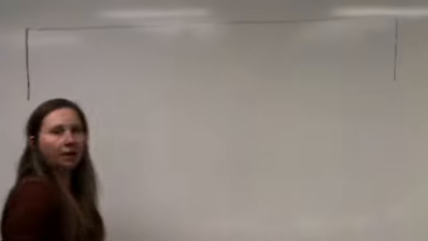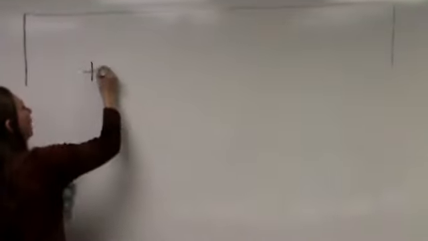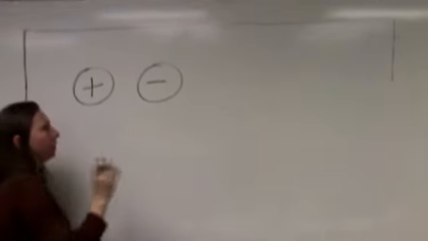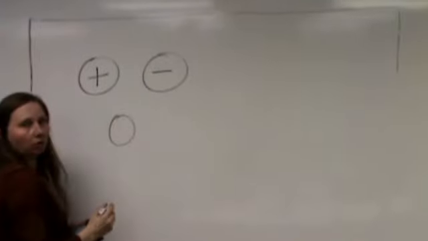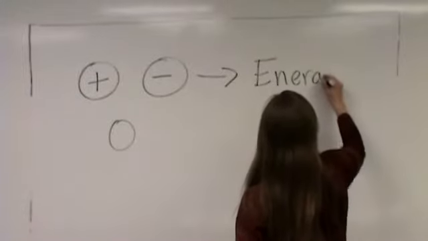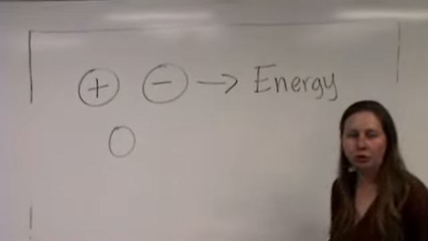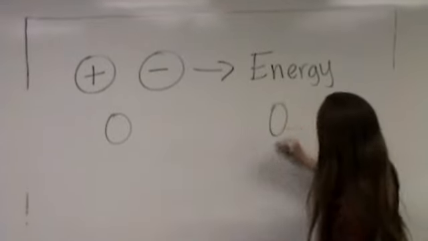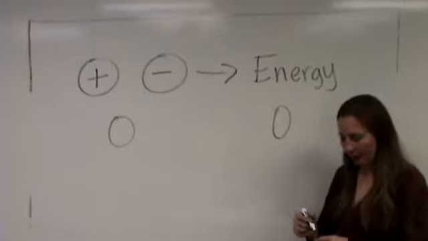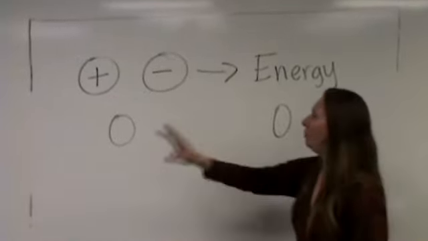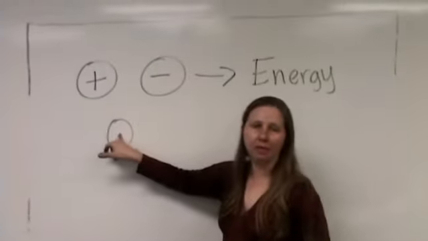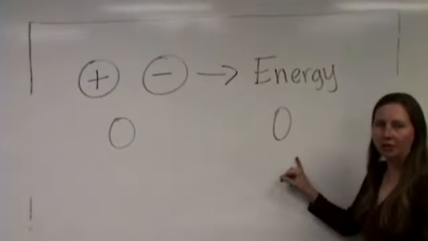So, if in the beginning you have a proton and an antiproton, the total charge at the beginning is 0. At the end, you have energy. Well, energy has no charge, so the total charge at the end is still 0. The law of conservation of charge was upheld when the proton and the antiproton annihilated each other because the total charge at the beginning was 0 and the total charge at the end is still 0.